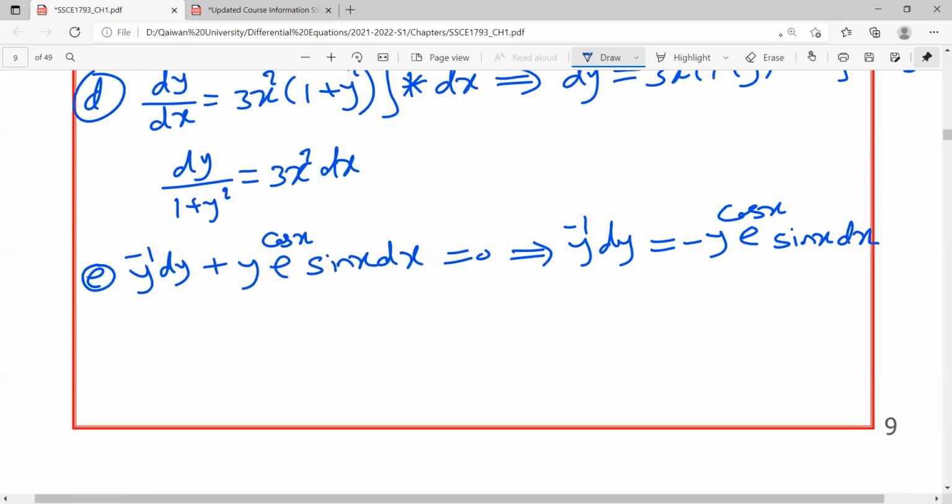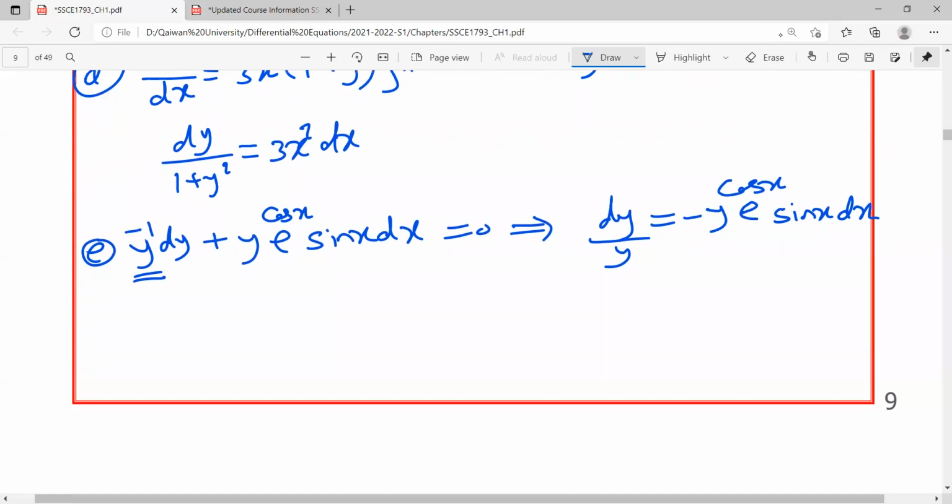We can say y to the power negative 1 means 1 over y, so we can return it to the denominator. Now, on the left hand side, we have only y with dy. But on the right hand side, we have y with dx. That means we must divide both sides by y to remove this y here.